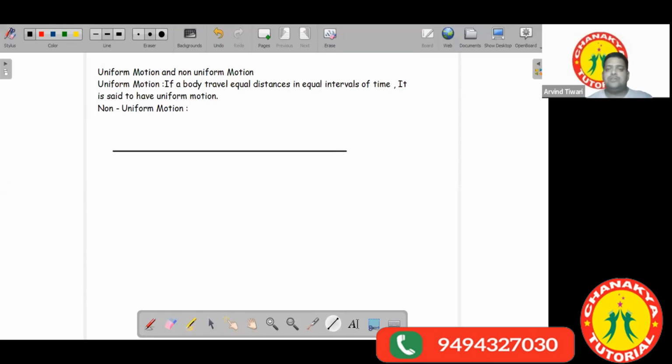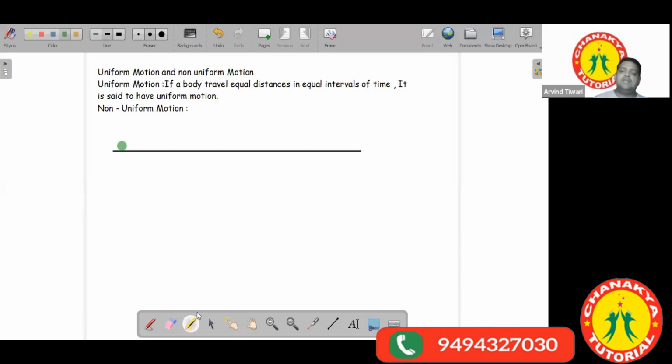So consider an object moving here. Let this be the object which is moving, and we are constantly recording it for a certain period of time. However small the time interval may be, it will be traveling equal distances in equal intervals of time.